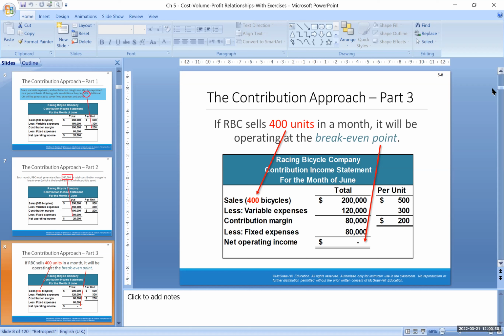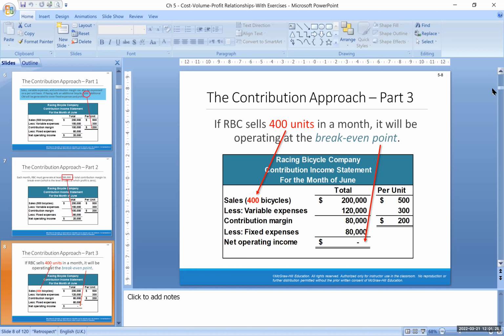Total variable expenses refers to how many units we sell, multiplied by the variable cost per unit. Again, it depends on how many units we sell: 400 units multiplied by $300, the variable cost per unit. The answer is $120,000. $120,000 is the total variable expenses.